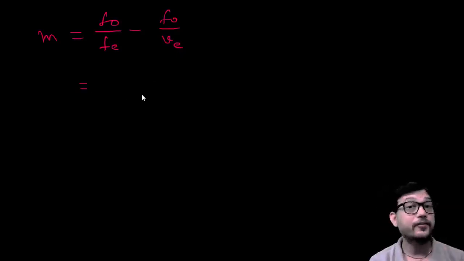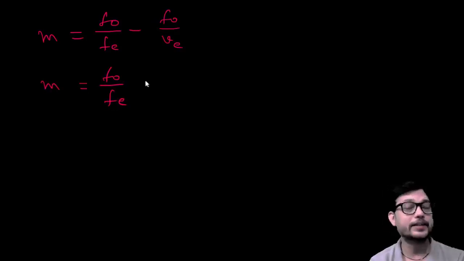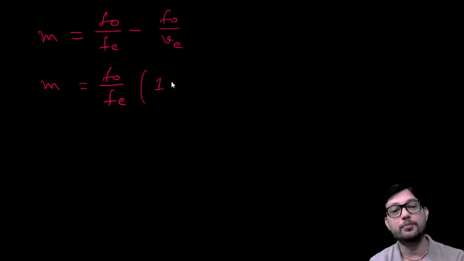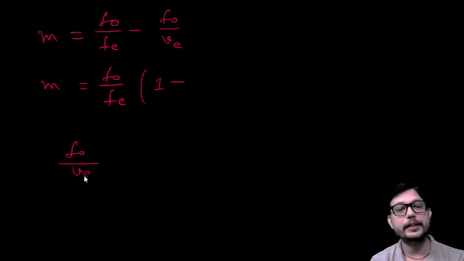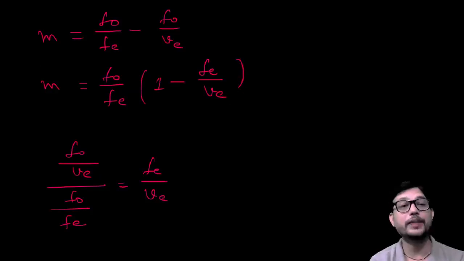Now if we take FO upon FE common, then it will be 1 minus FO upon VE divided by FO upon FE, that will be 1 minus FE upon VE. I hope that this step is also clear to all of you.